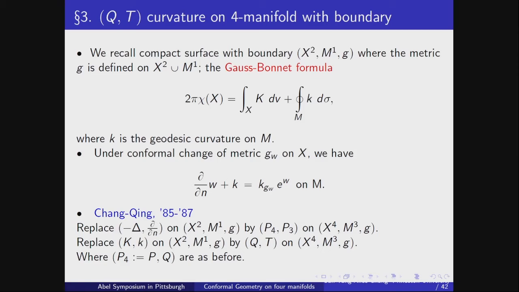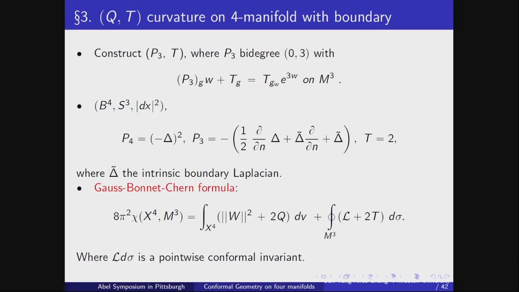Laplace is replaced by the Paneitz operator we talked about, and then this Neumann operator is prescribed by a third order operator. The Gaussian curvature on 2-surfaces is replaced by Q curvature, and the geodesic curvature is replaced by T curvature. Okay, so let me say one word about this.